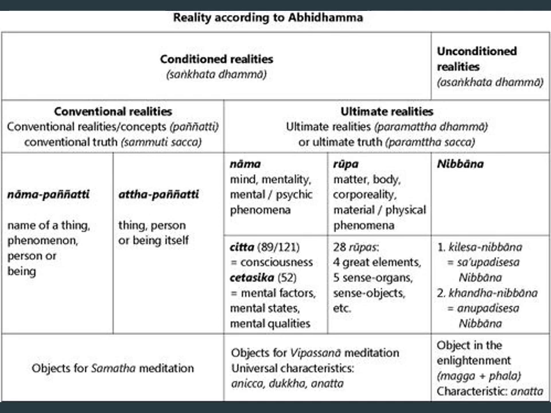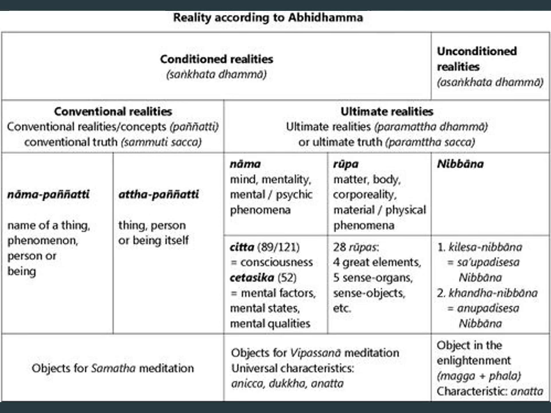Nama is mind, mentality, mental, psychic phenomena, and then Rupa is matter or body or corporeality, material, physical phenomena. So of the 5 aggregates, we have Nama as 4 aggregates and Rupa as 1. Now in Abhidhamma, we are breaking it down further, right? Under Nama, we have Citta, consciousness, further broken into 89 modes or 121 modes, depending on which framework we use.